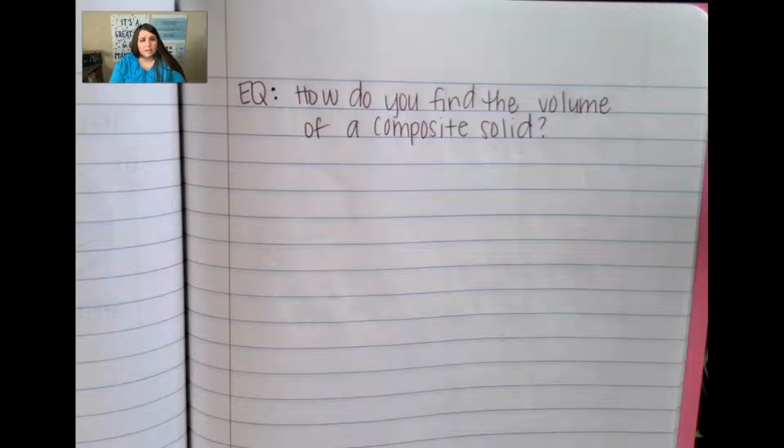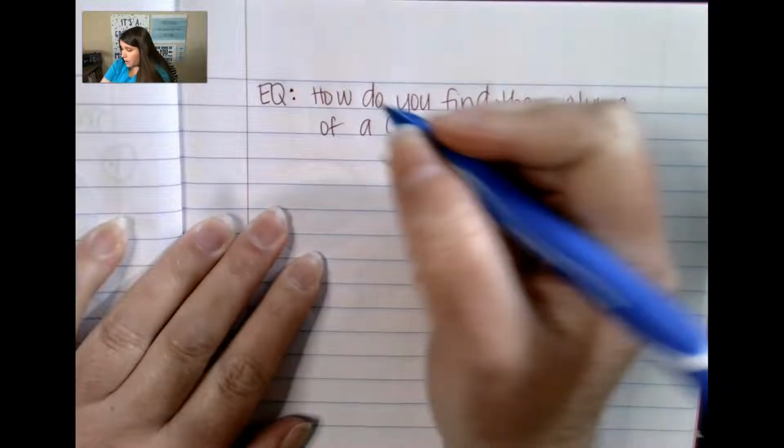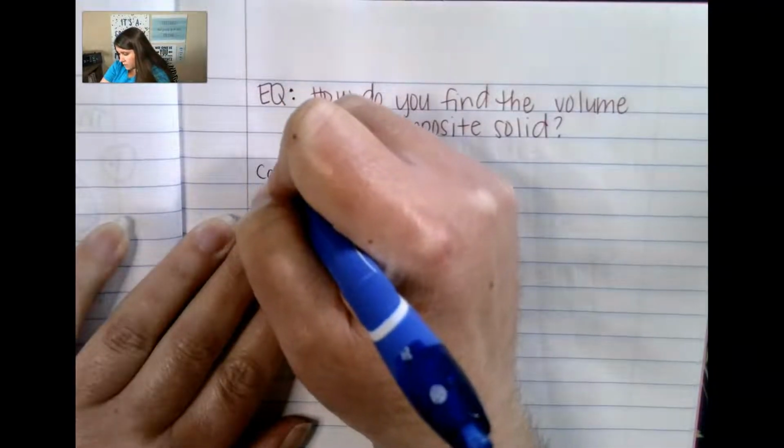It's solid because it is three-dimensional, so you can fill that cone with ice cream plus the dome part on the top. So let's write out our composite.